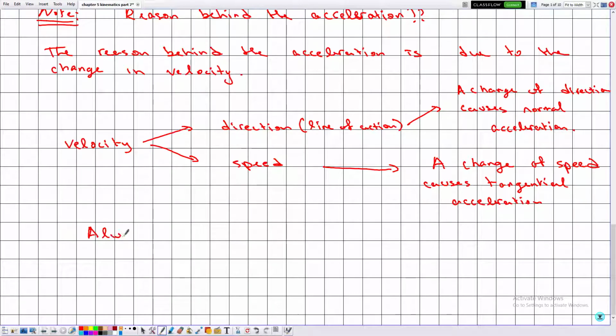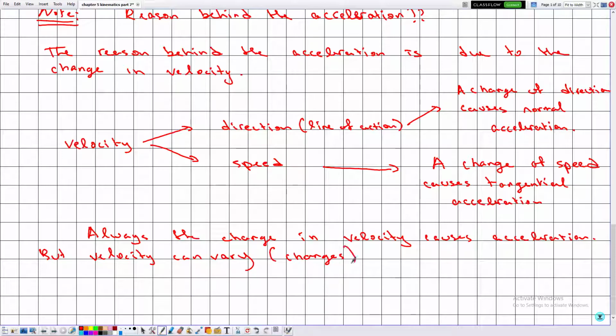Always the change in velocity causes acceleration. But velocity can vary. So here by vary I mean changes. It can vary in two different ways.